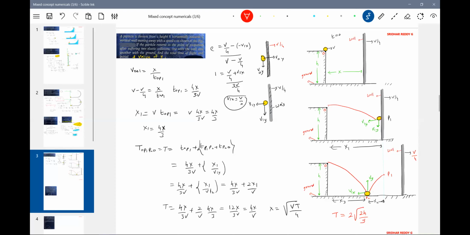Why 2h? Because the time taken to descend and ascend is the time of flight. h equals half g t squared. I think so. Now what is t equal to? Root of 2h by g. Time of descent should be equal to time of ascent. We have this much here.